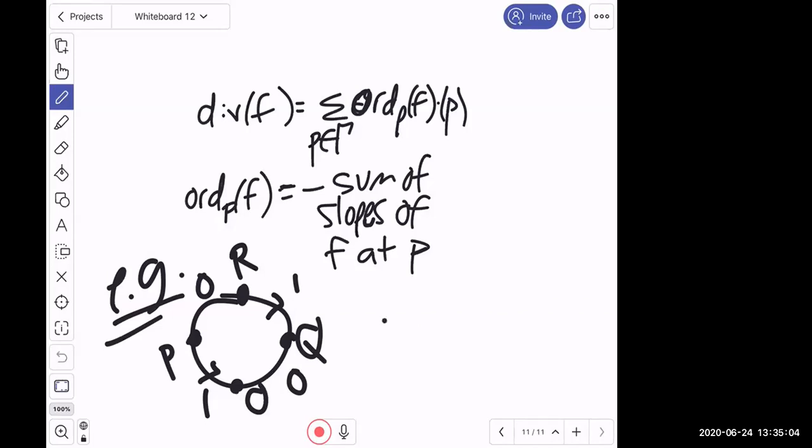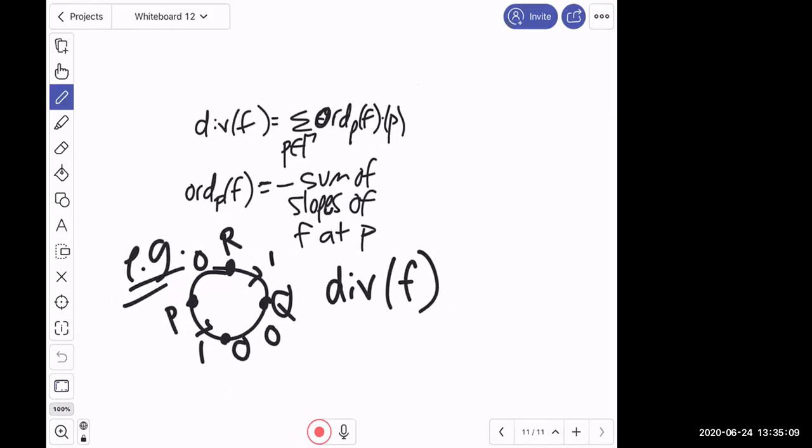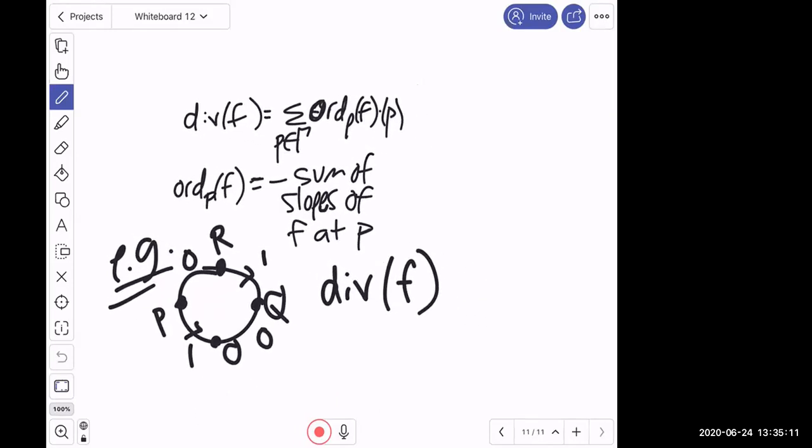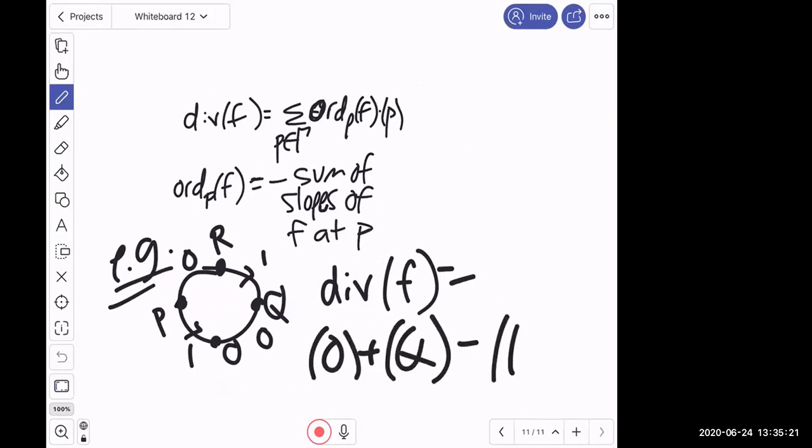And so in this case, the divisor of F: I have a function that's increasing, then constant, then decreasing if you're going around the circle, and then constant again. The divisor is going to be O plus Q minus P minus R.